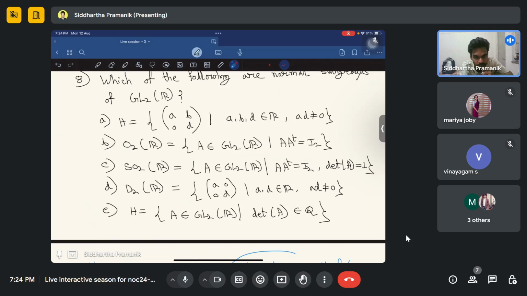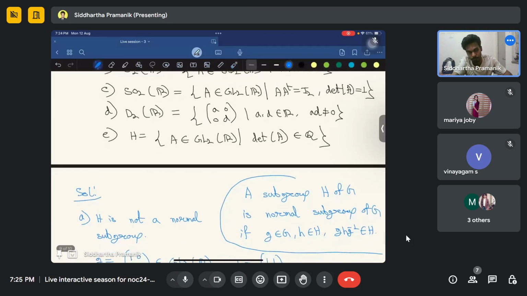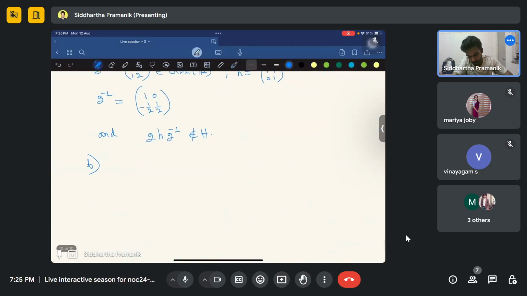Anyone have any answer? So again, O2(R) is not a normal subgroup.